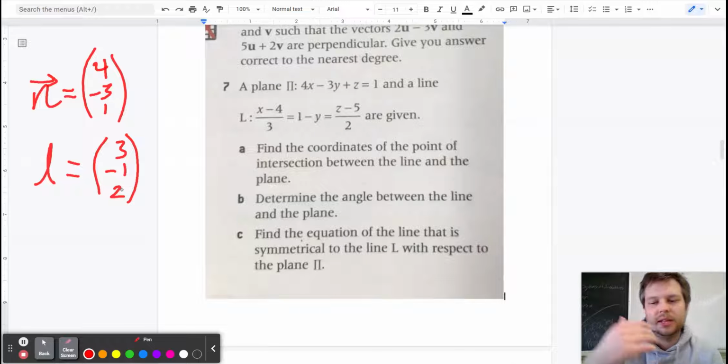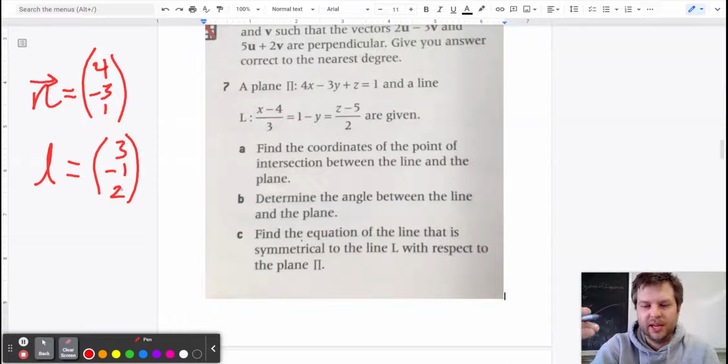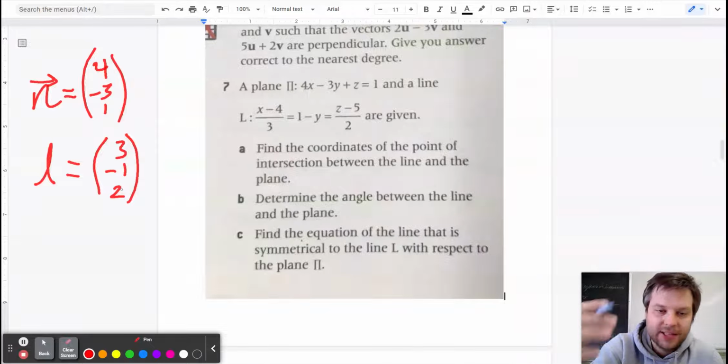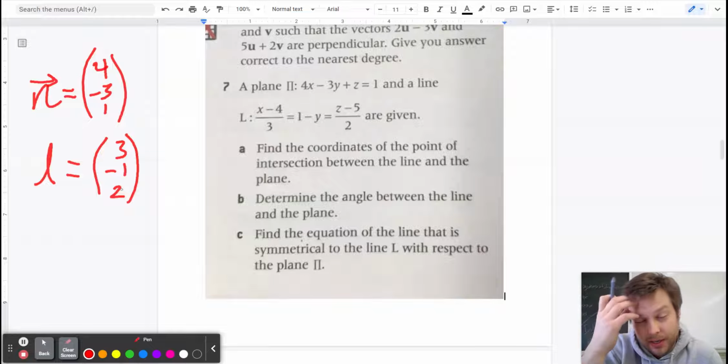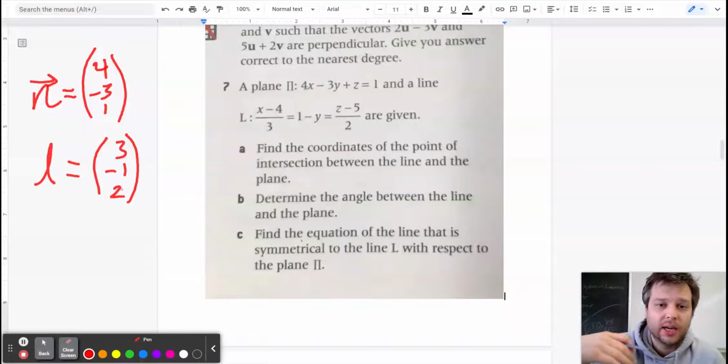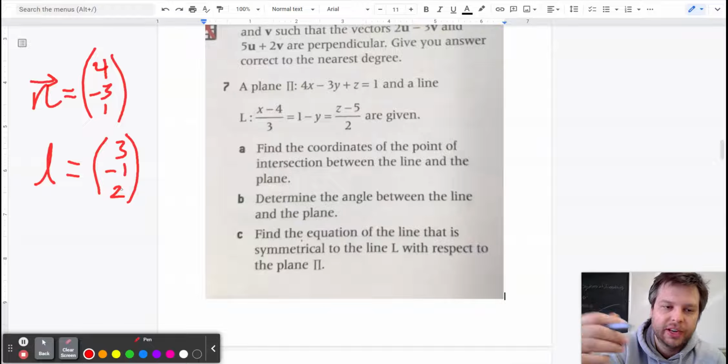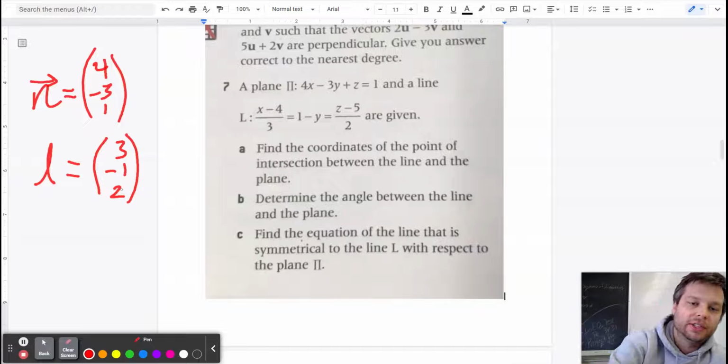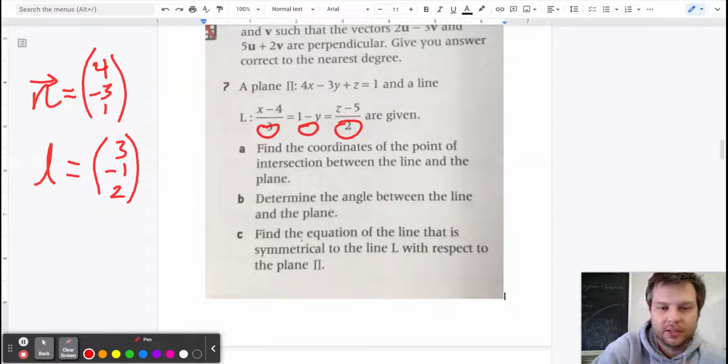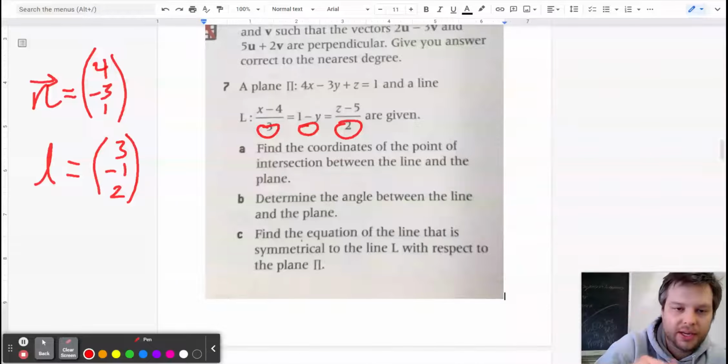And you get those just from how I solved a second ago, how I wrote x equals 3t plus 4, y equals negative t plus 1, z equals 2t plus 5. That's where I'm getting those from. They're also the same as the denominators here. Just be careful because the y is negative, and so that's why I wrote a negative 1 for the y component.